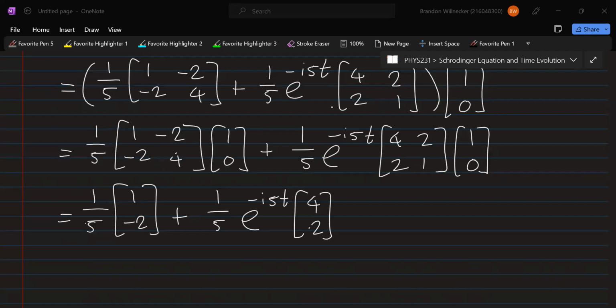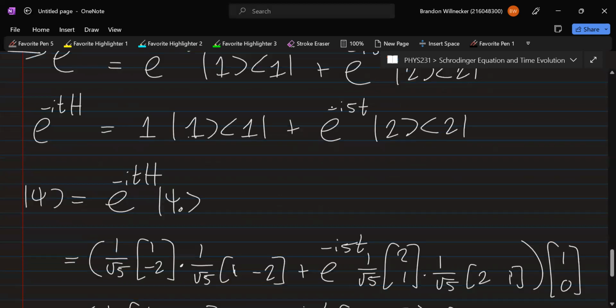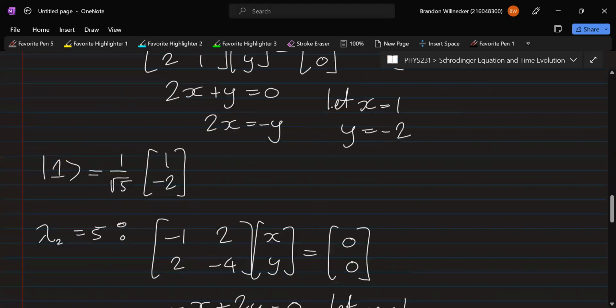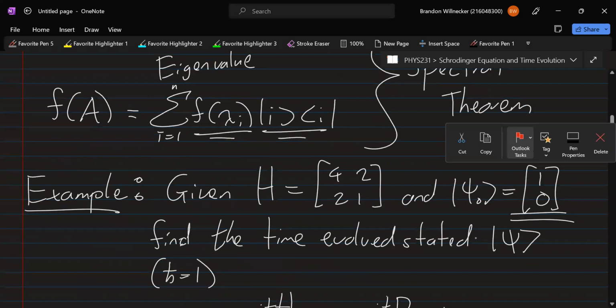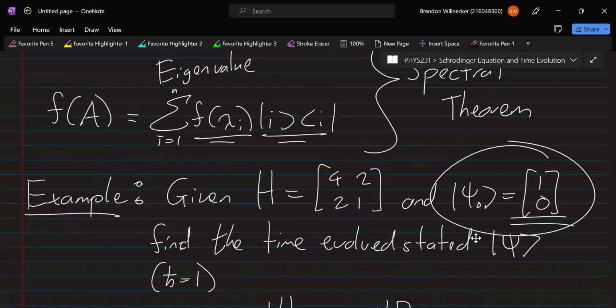However, I do want to show you another way that might be a bit easier to work with. That involves taking the state vector over here and writing it using the eigenvectors. So this 1, 0, we can write as a linear combination of the eigenvectors of H. Because the eigenvectors span the space, we can use them as a basis.